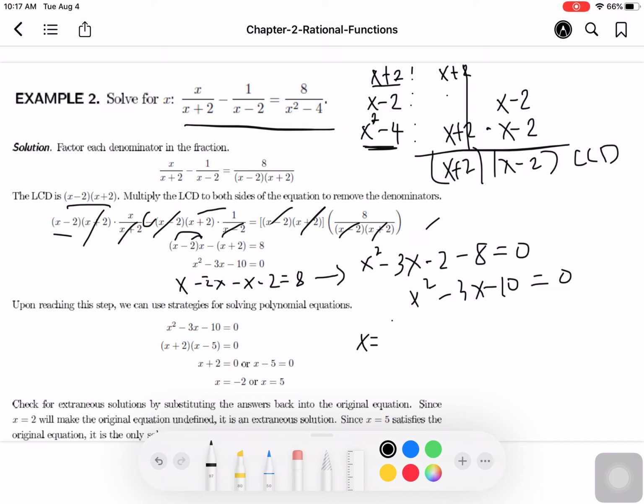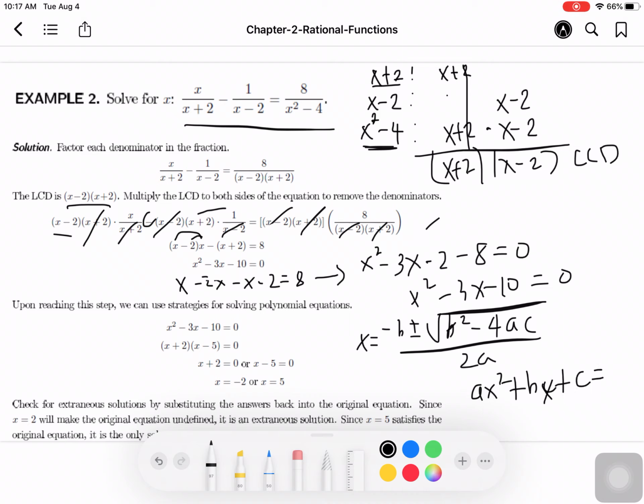Say for example, we have this quadratic formula: negative b plus or minus the square root of b squared minus 4ac over 2a, where your quadratic equation looks like ax squared plus bx plus c equals 0. Okay, you can use that one.